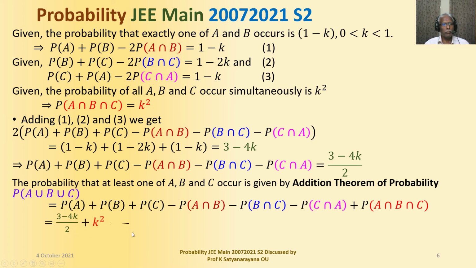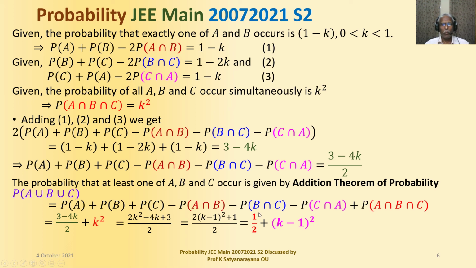So take the LCM: (2k square minus 4k plus 3) whole by 2, and that is equal to (2 times (k minus 1) whole square plus 1), divided by 2, it will be equal to 1 by 2 plus (k minus 1) whole square.